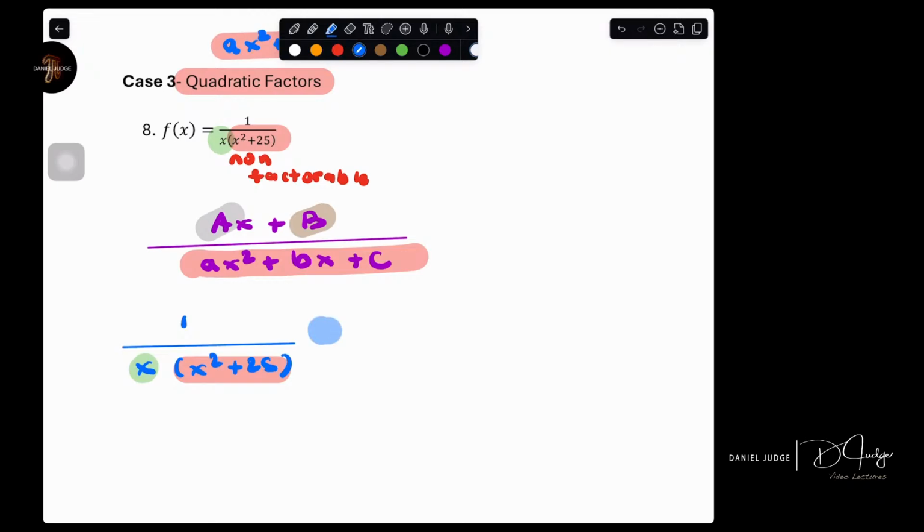So for the linear factor, this will be a over x. Now for the quadratic factor, down here the x squared plus 25, we're going to use bx plus c because a is already chosen. A is already selected.